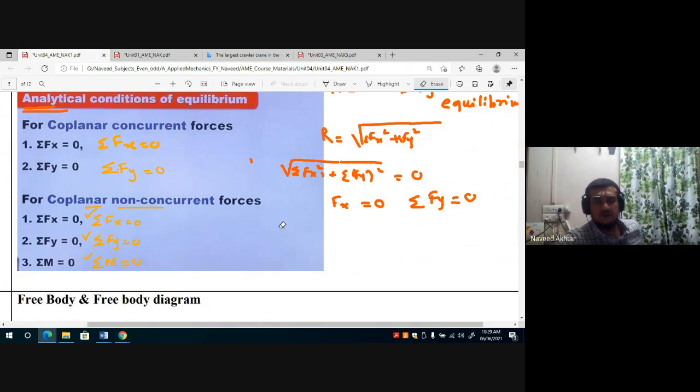Okay. So for a coplanar concurrent force system, if the forces are meeting at one point, this is the concurrent force system.